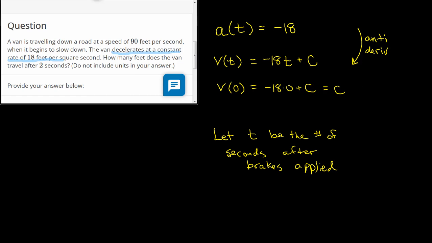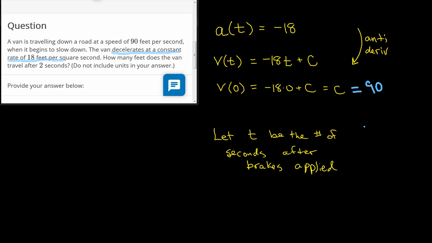And the problem says that at the moment when the brakes are applied, the van is going at 90 feet per second. So we actually know that c is 90. I hope that made sense.